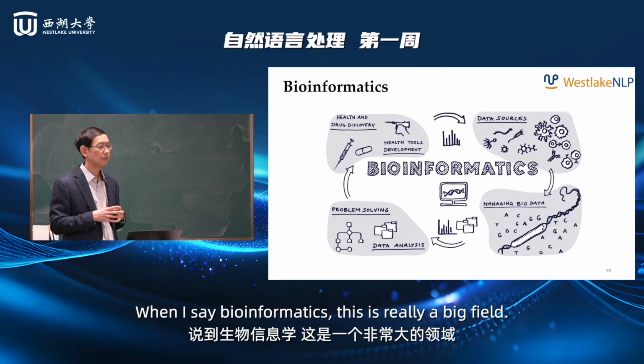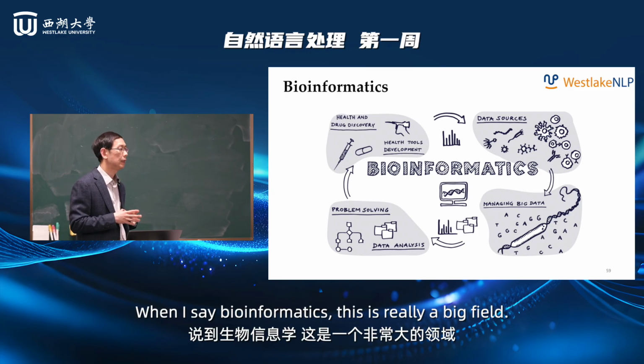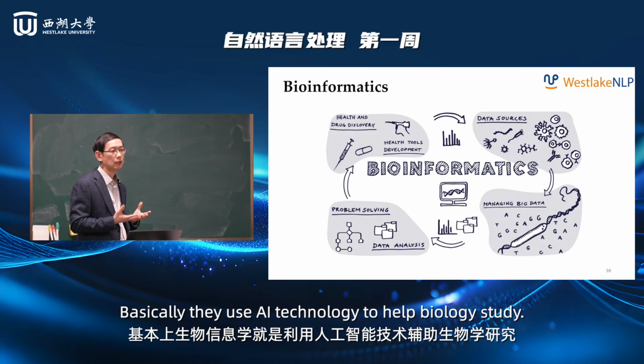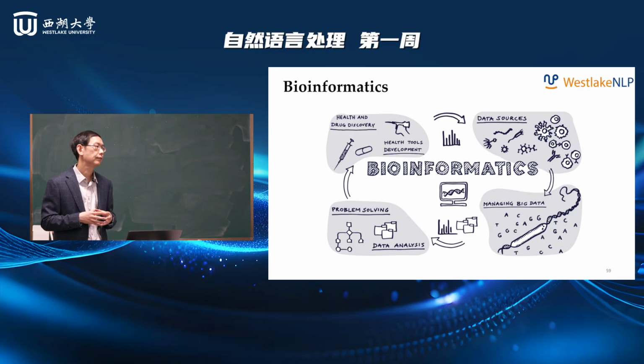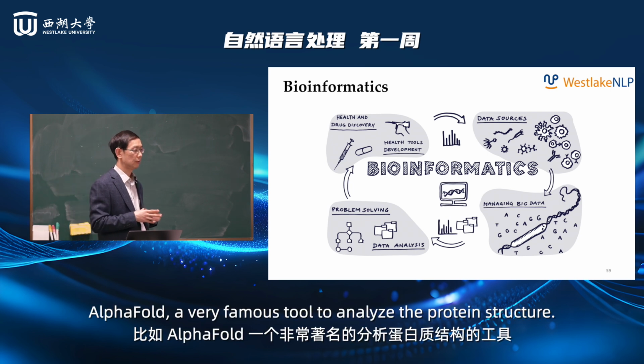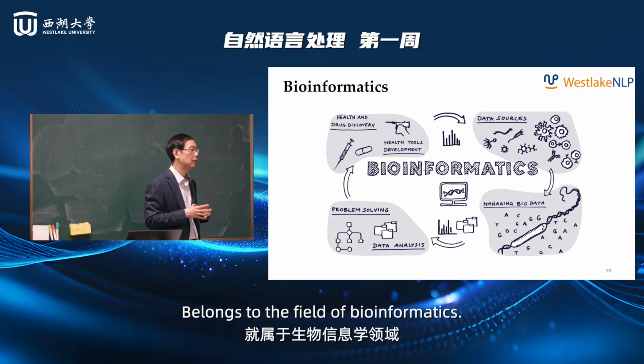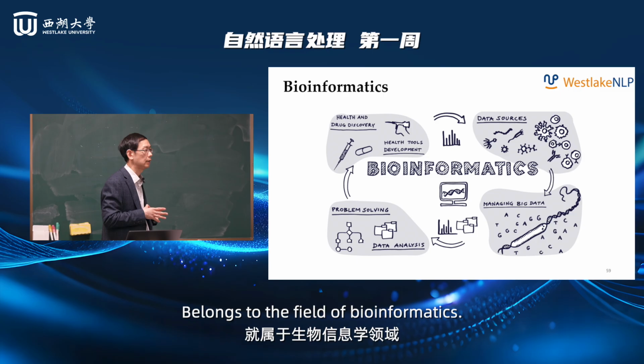When I say bioinformatics, this is really a big field, okay? Basically, they use AI technology to help biology study. AlphaFold, a very famous tool to analyze protein structure, belongs to the field of bioinformatics.